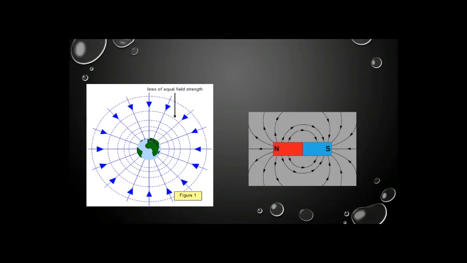I hope you understand what a gravitational field is. The region around the earth where the influence of the gravitational force can be felt is called the gravitational field, and the region around the magnet where the magnetic force can be felt is known as the magnetic field.